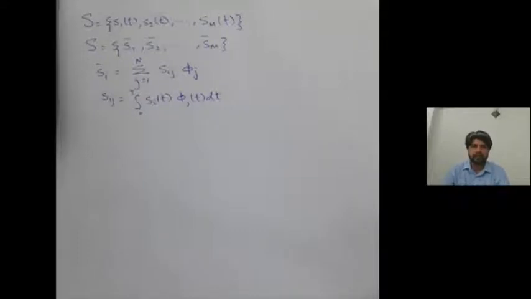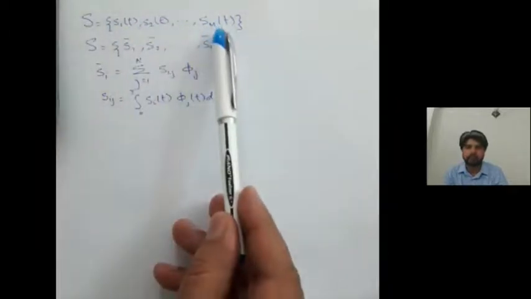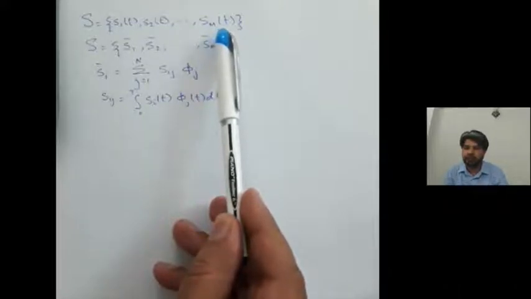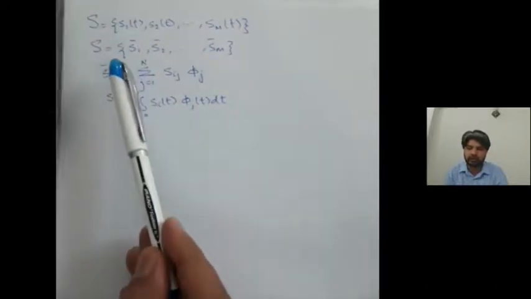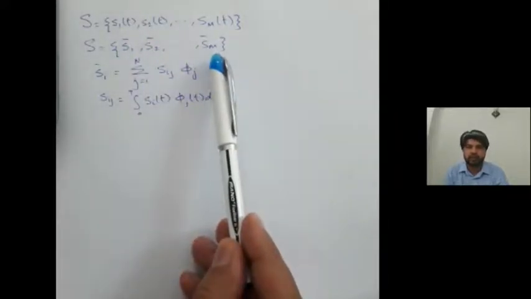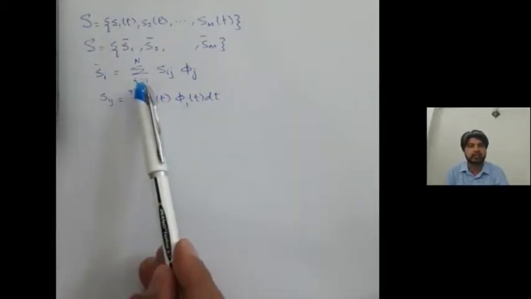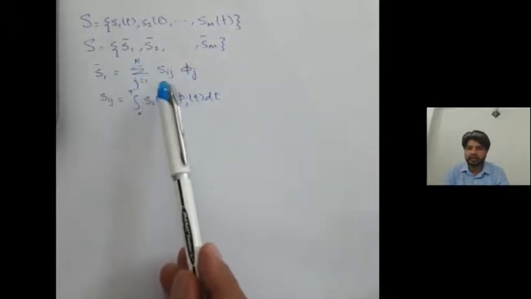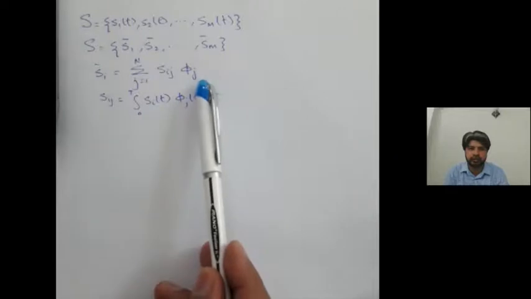So if we have a set S containing s1 of t, s2 of t, all the way to sm of t, which are the m possible signals that you want to transmit for a memoryless modulation, then you can write those signals in the form of vectors s1, s2, all the way to sm, where each of these vectors, say si, can be represented as summation j equals 1 to n of sij phi j, where sij is nothing but the projection of the signal si of t onto the basis function phi j of t.